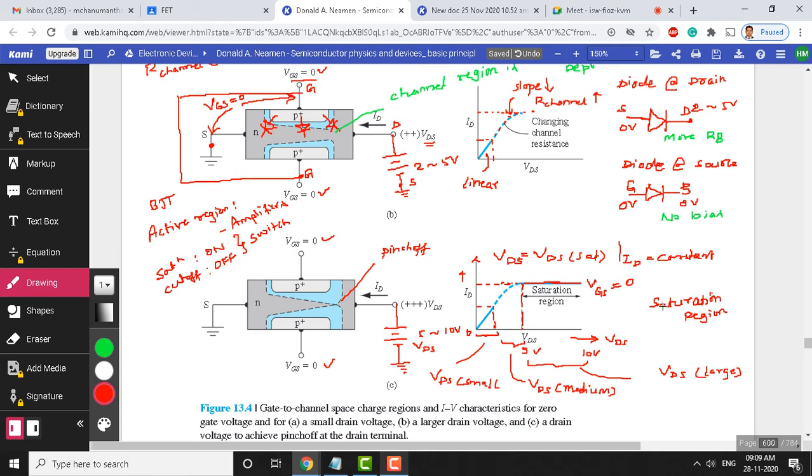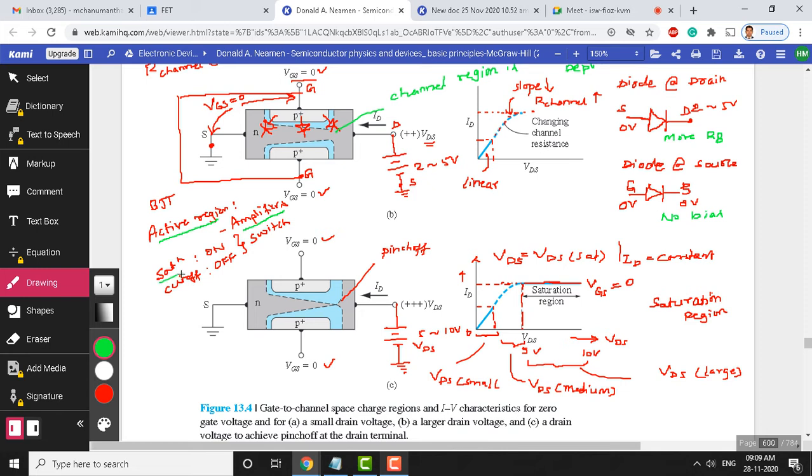Already we have discussed what the saturation region is. This constant current flowing in the FET can be used for amplification. Remember, this is quite different from the BJT. BJT can be used as an amplifier when operated in the active region.